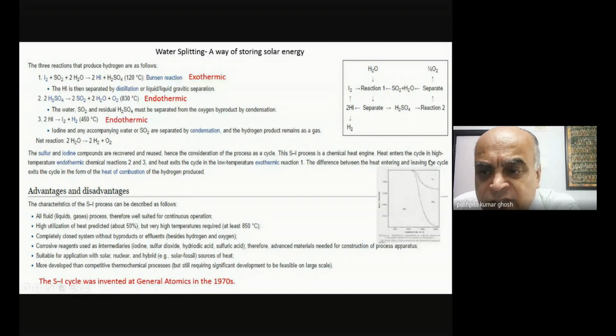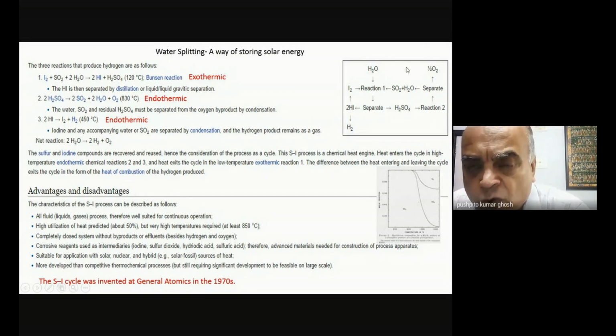Heat enters the cycle in high temperature endothermic chemical reactions 2 and 3, and heat exits the cycle in the low temperature exothermic reaction 1. The difference between the heat entering and leaving the cycle is basically the resultant amount of heat that I stored in the form of chemical energy, that is H2O going uphill to H2 plus O2. That's the difference in heat.